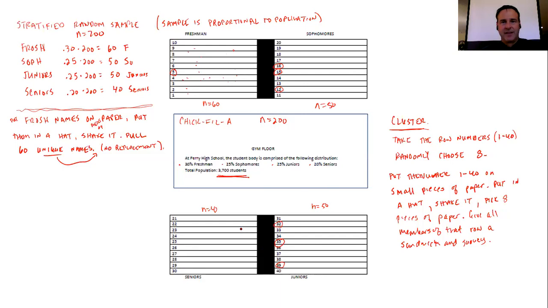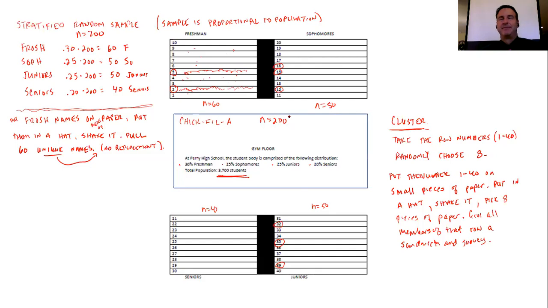We'll say my last one is 2. So I have my 8 that were selected. And the nice thing is that it's easy. I can just say, hey, row 2, guess what? You all get a sandwich, and everybody in there gets a sandwich. Same thing with row 5. It's easy to distribute sandwiches and surveys.